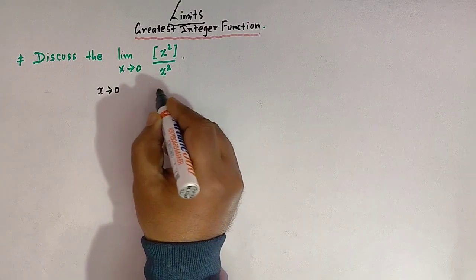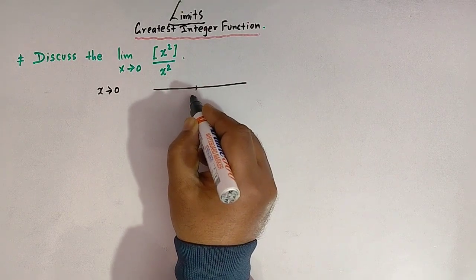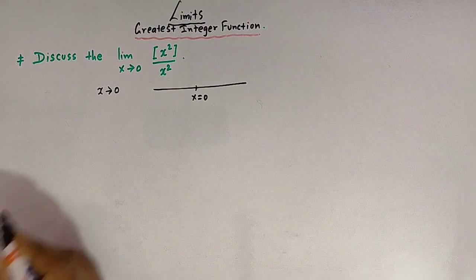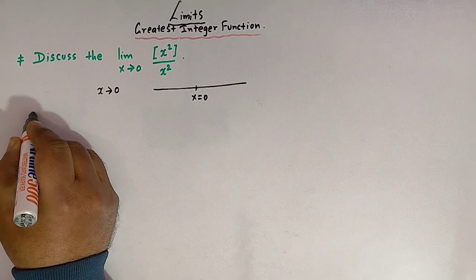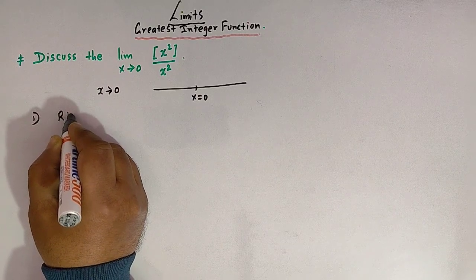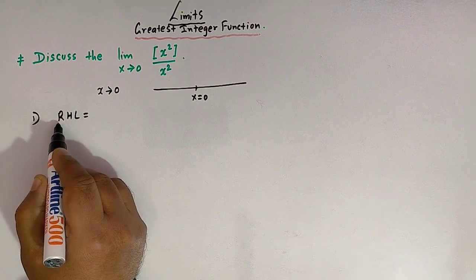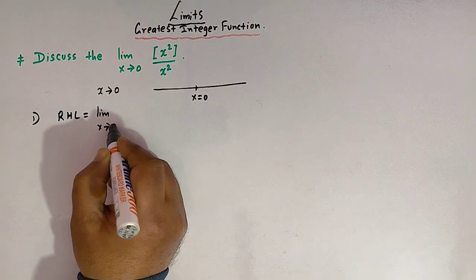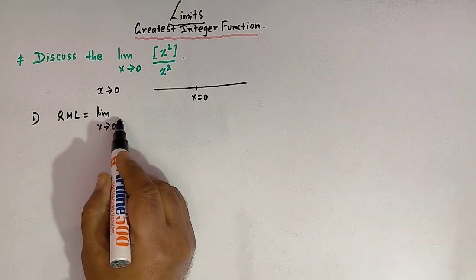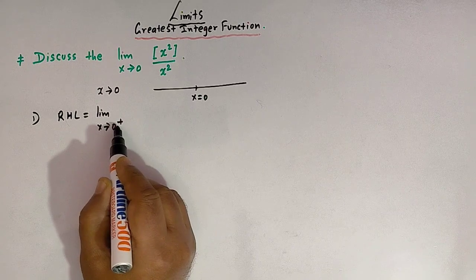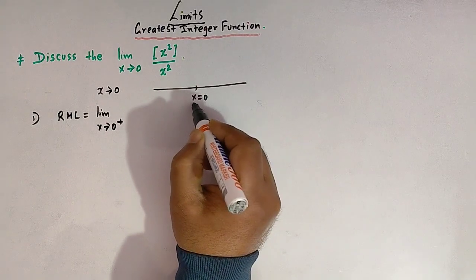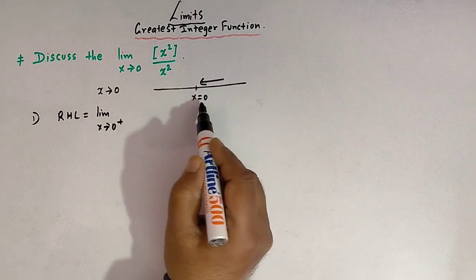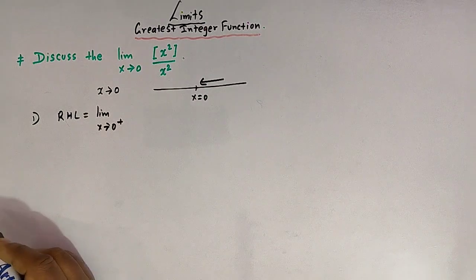So here we have the point x is equal to 0. Let us first find the right hand limit. We'll denote the right hand limit by RHL, and we have limit x tends to 0 positive. This positive sign indicates that we are approaching x is equal to 0 from the right of x is equal to 0, right?